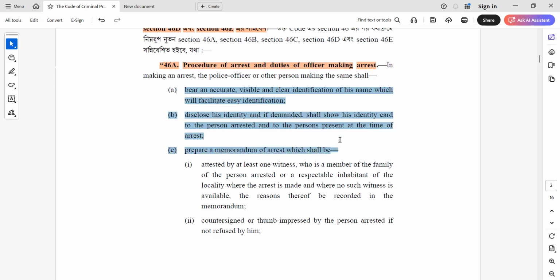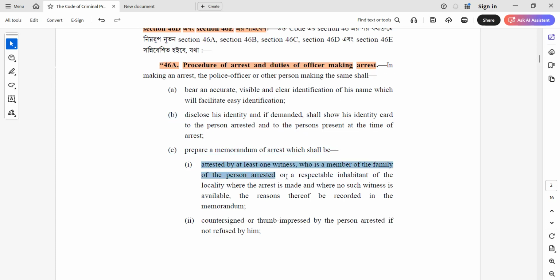Point C, prepare a memorandum of arrest which shall be attested by at least one witness who is a member of the family of the person arrested or a respectable inhabitant of the locality where the arrest is made, and where no such witness is available, the reason thereof be recorded in the memorandum.